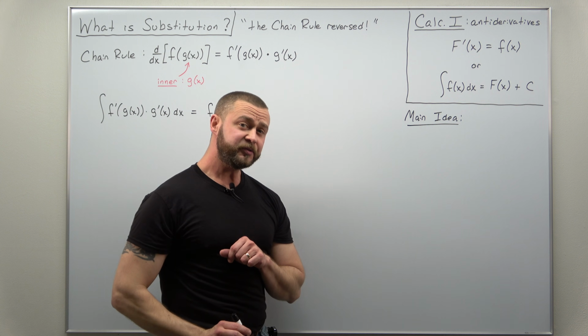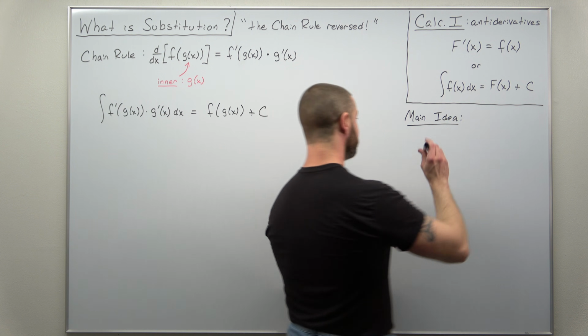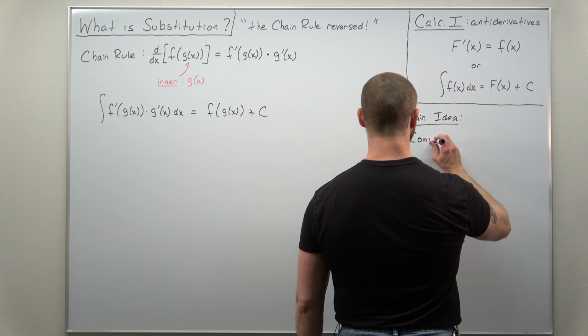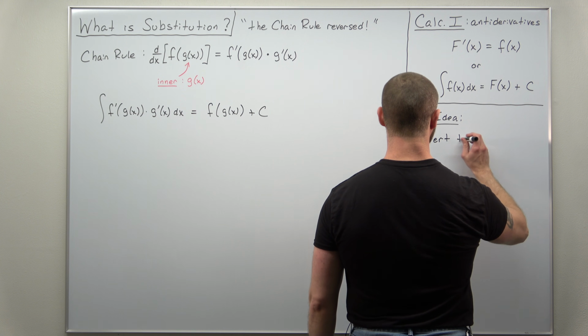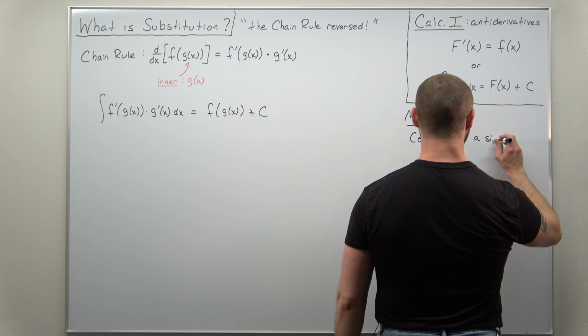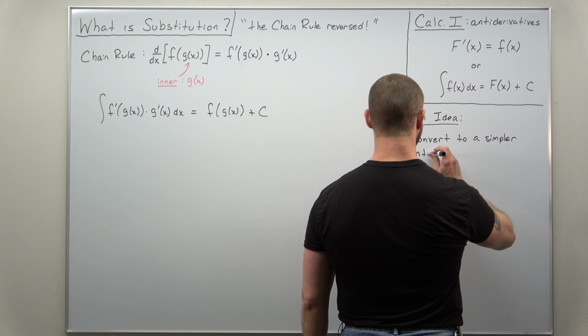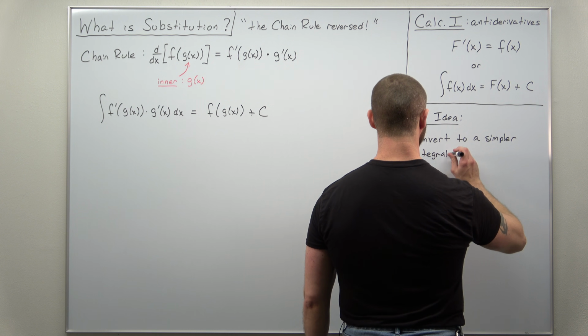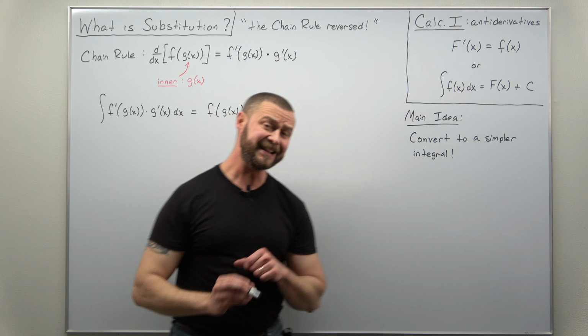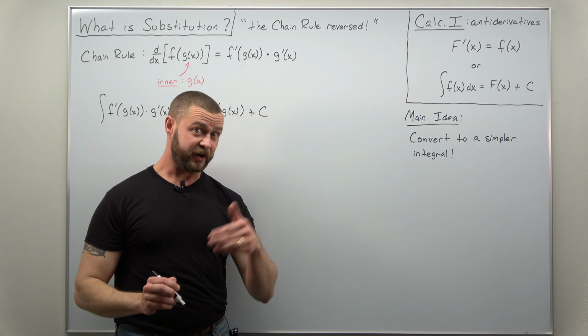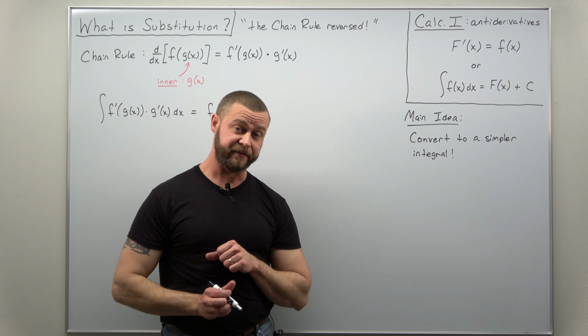You're going to choose a substitution and then convert to a simpler integral. And ideally, your simpler integral is just a basic antiderivative.